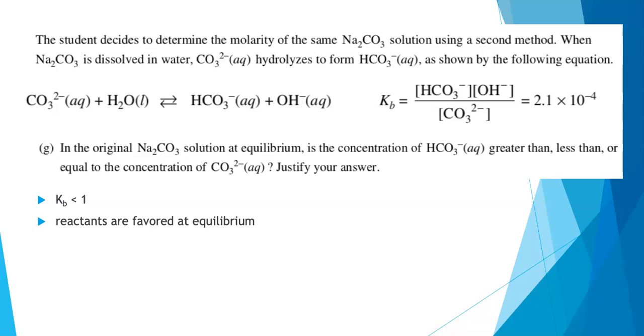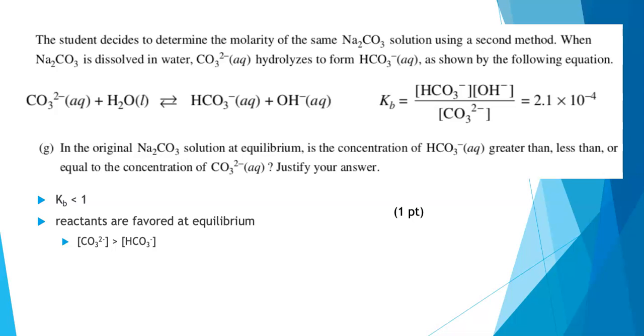So if I've got more reactants than products, I'm going to have more carbonate than hydrogen carbonate ion. This was also a 1-point question, so you had to have reasoning. You needed to refer back to the Kb value and realize that the hydrogen carbonate ion concentration is less than the carbonate ion concentration.